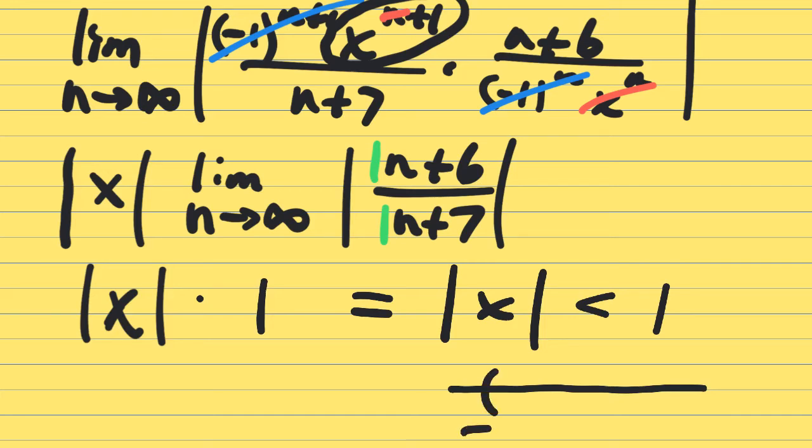So anywhere from -1 to +1 will have a distance or a radius of 1 unit. And that's what you're looking for if your problem just simply asks you to find the radius of convergence.